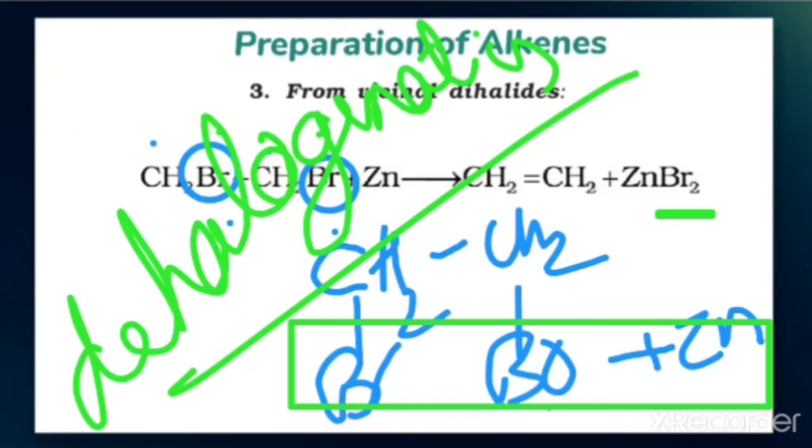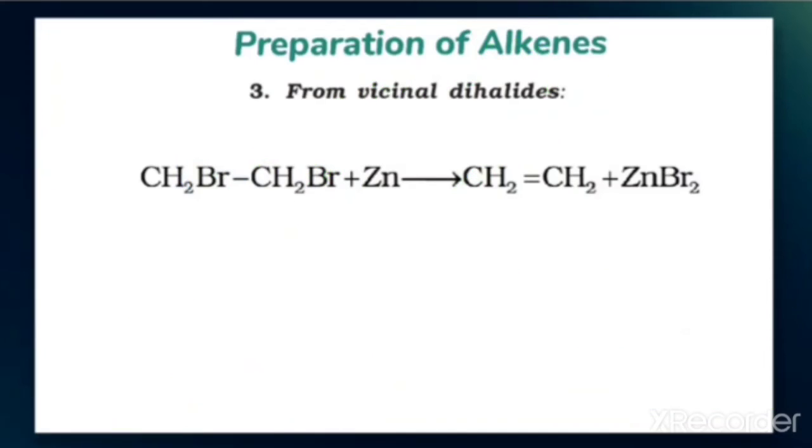So better learn this equation this way: whatever vicinal dihalide is given to you, just remove the 2 halo groups and Zn as ZnBr2, and between the 2 carbons keep one more bond.